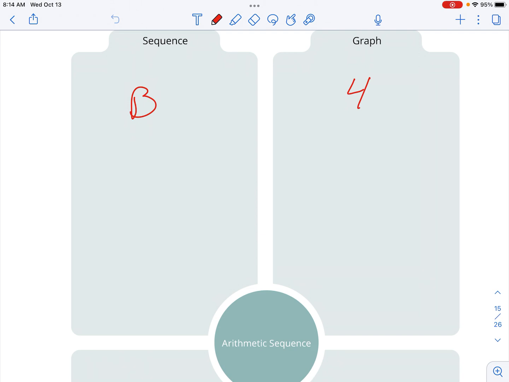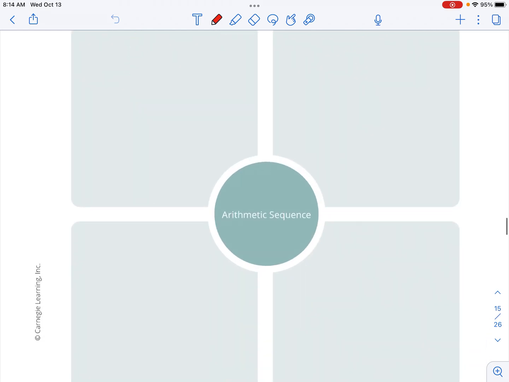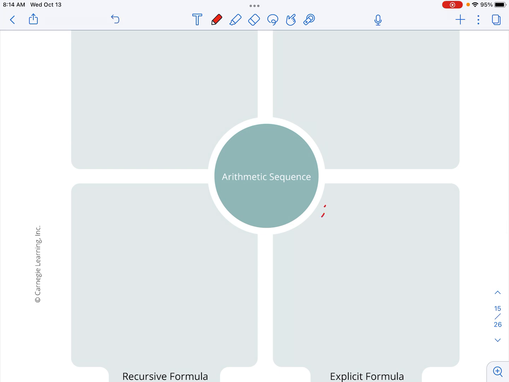For sequence B, we had said that it was arithmetic, and it had a starting number of, let me write that down, -4, and then had a common difference of 2, we said.